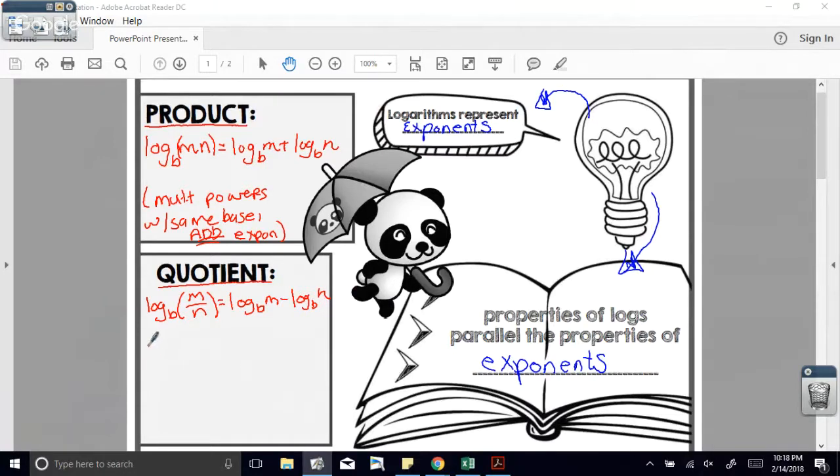And again, similar to when we multiply powers, if you divide powers with the same base, back when we did our exponent rules, we subtracted the exponents. So the same type of rules apply. If you think about logs as exponents, then it makes sense that multiplying you can split with addition, and dividing you can split through subtraction.